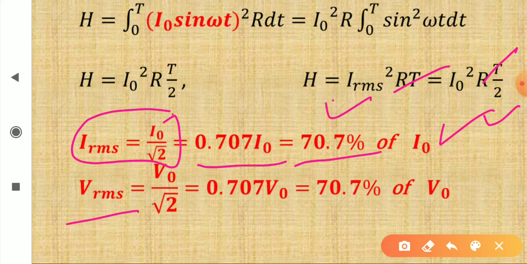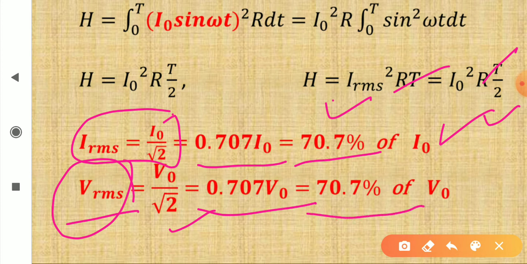Similarly, the RMS voltage is V naught upon root 2, and it is 0.707 V naught, or 70.7% of peak voltage. Now, when you have some AC supply, then it is only the RMS value which is given to you.